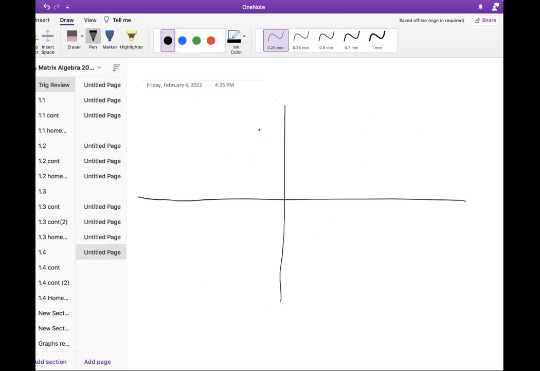There are four values we know explicitly. If this is the unit circle, this point is (1, 0). This point is (0, 1). This point is (-1, 0). And this point is (0, -1).